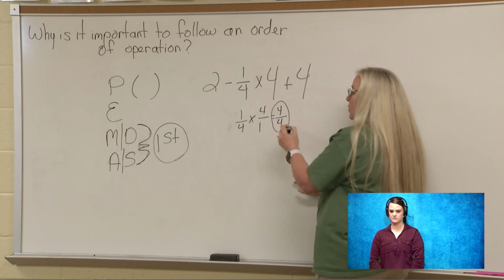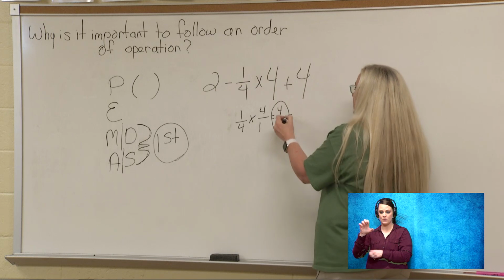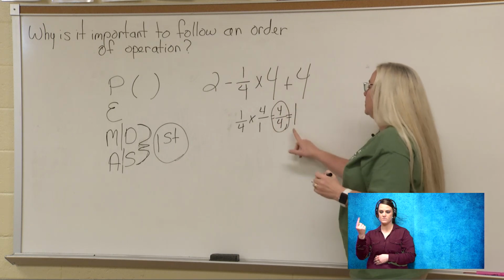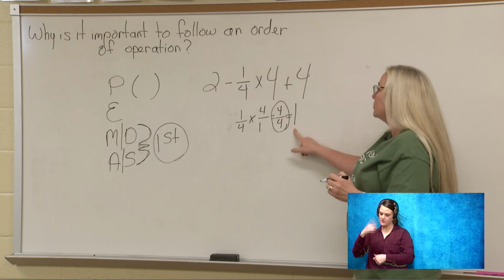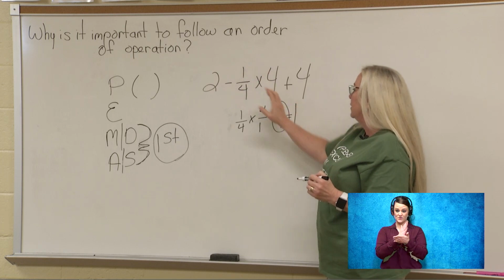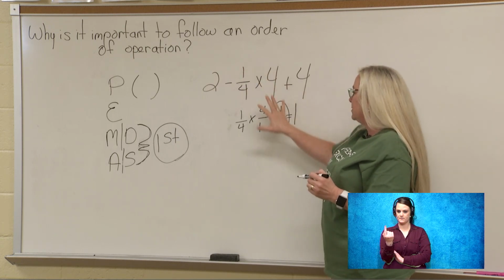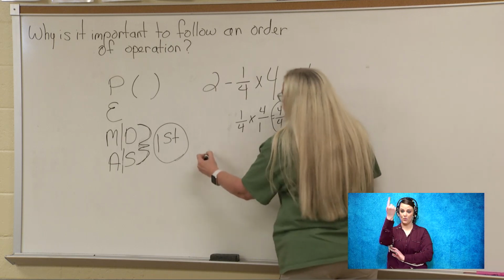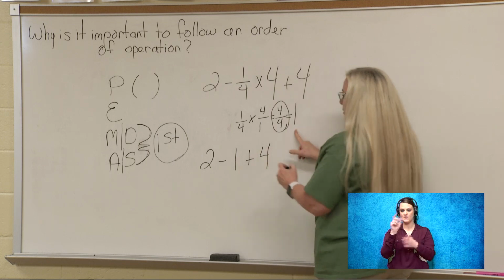And what is 4 over 4 written as a whole number? It equals 1 whole. Remember those steps? I know you do. So this section right here equals 1 whole. So I'm going to take this section and replace it. 2 minus 1 plus 4.